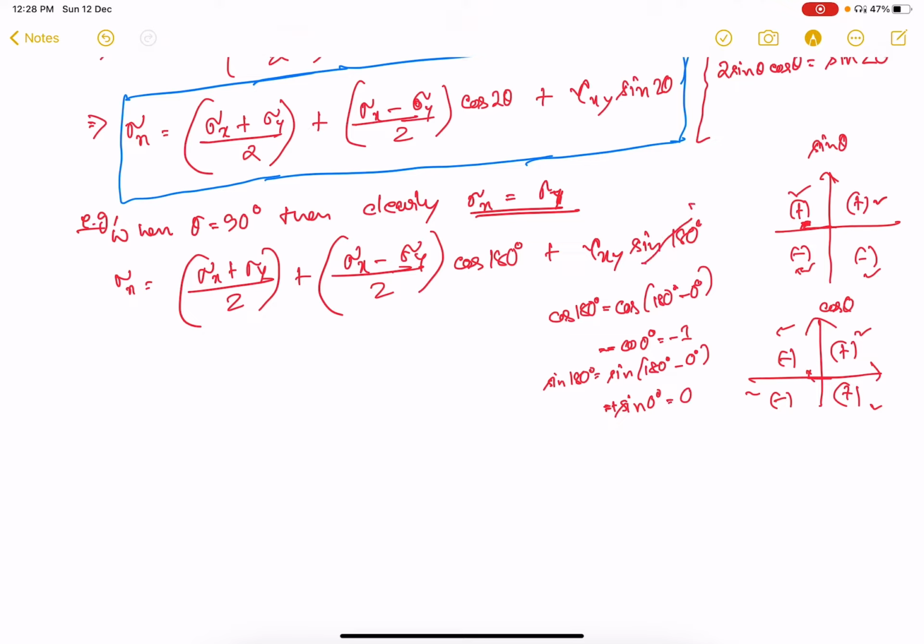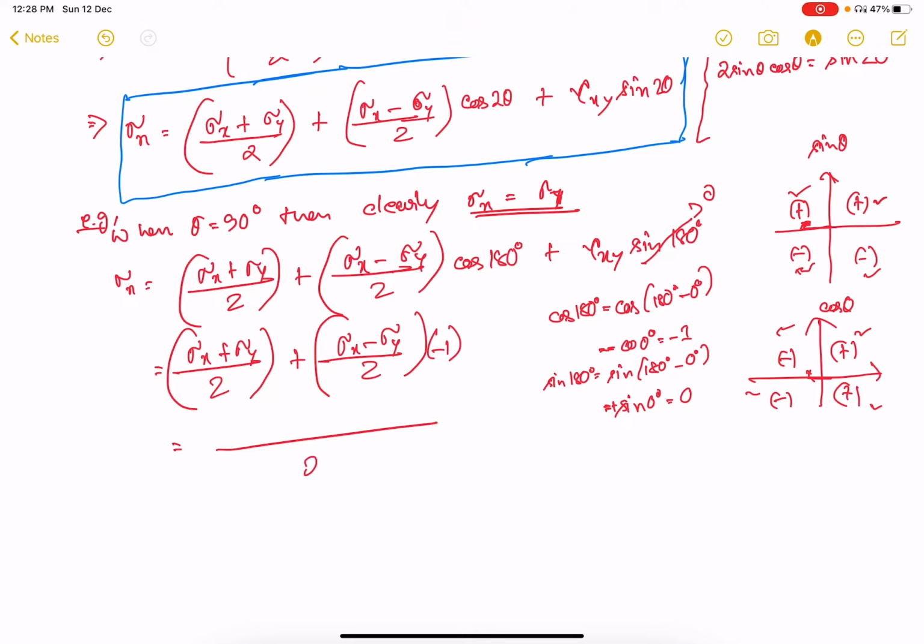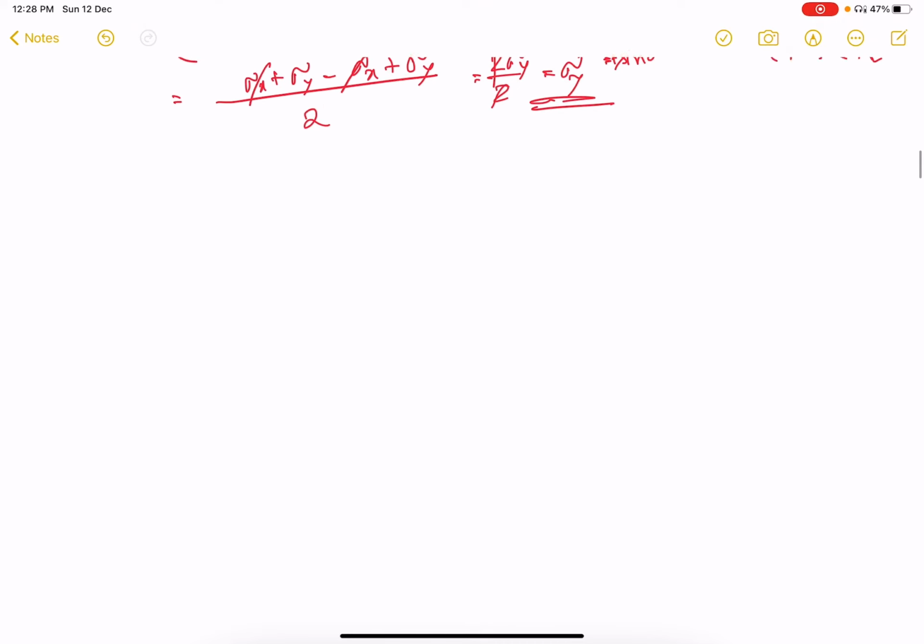So this is 0, and this is sigma x plus sigma y divided by 2 plus sigma x minus sigma y divided by 2 times minus 1. So clearly sigma x plus sigma y minus sigma x plus sigma y, so twice sigma y divided by 2 is sigma y. Clear? So we have found that thing.